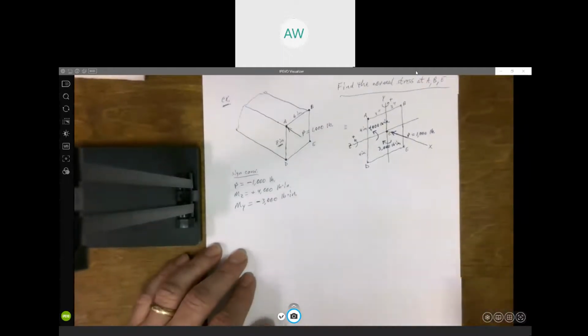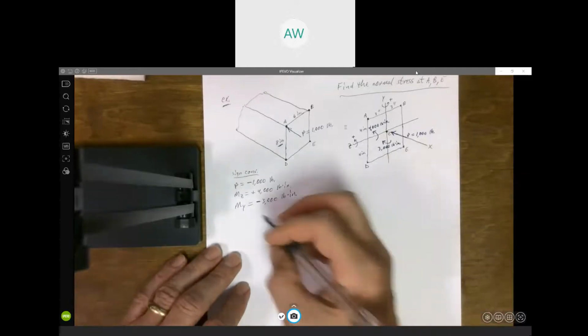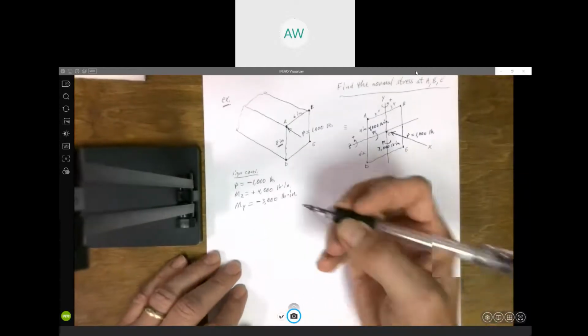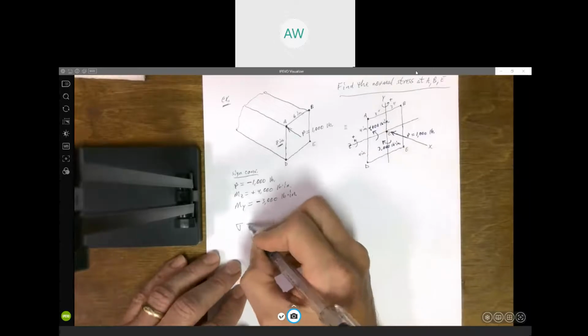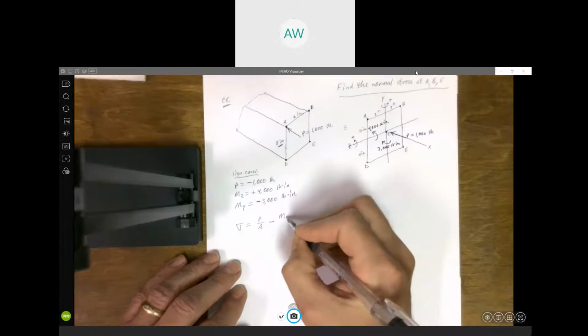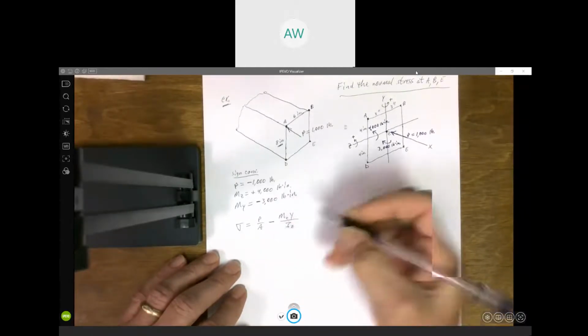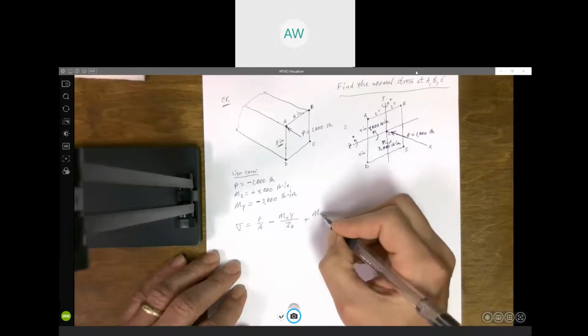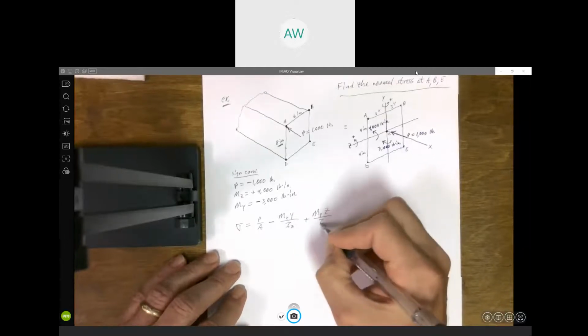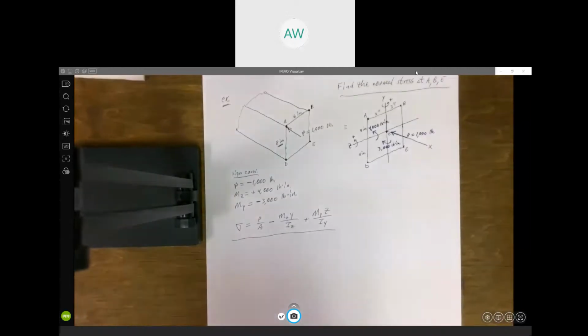All right, any question about the signs there? Now, we're going to plug in this formula. If we're going to use the sign convention, then sigma is equal to P over A minus Mz times y over Iz, and then plus My times z over Iy.